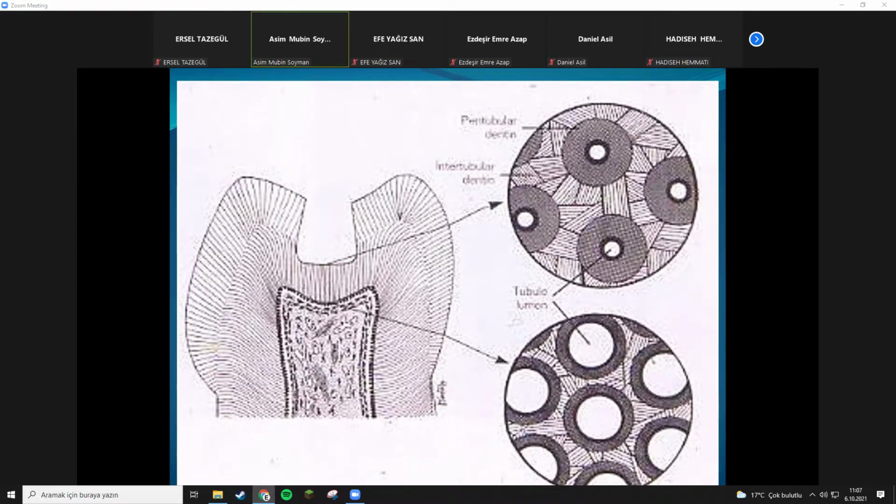Now, this is the schematic configuration. Where is my arrow? Yeah, you see these lines represent the enamel prisms. Here is enamel, and here is dentine, and these lines represent the dentinal tubuli and the dental pulp.